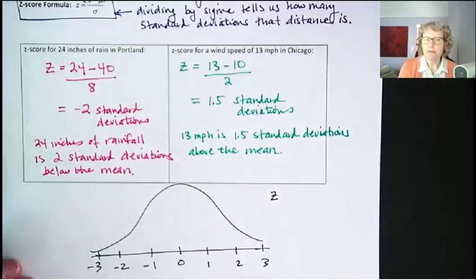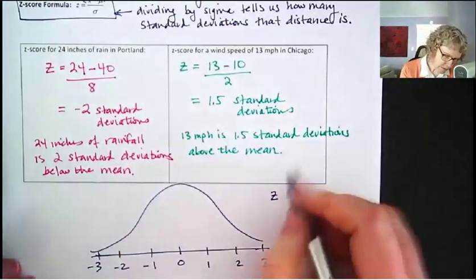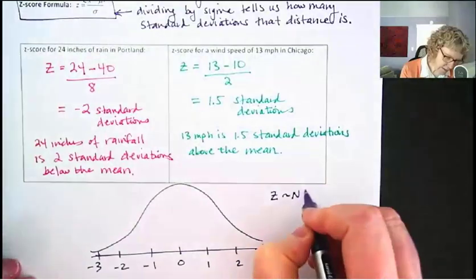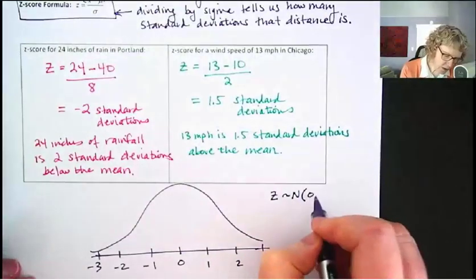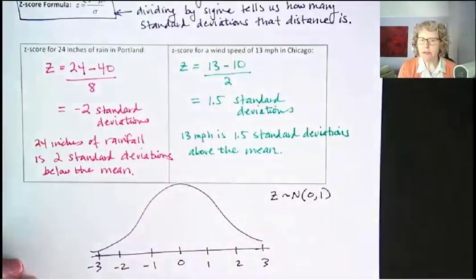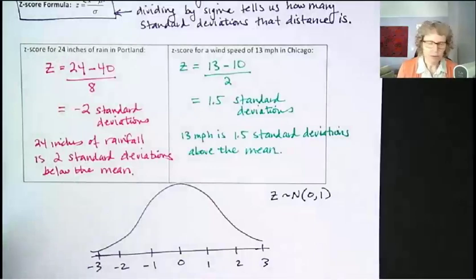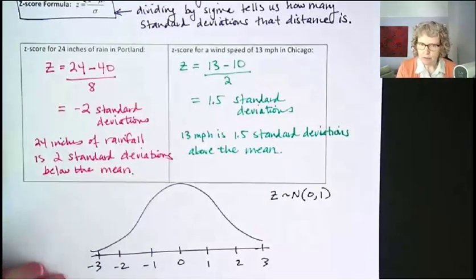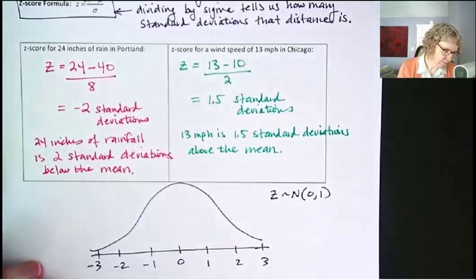We use X for any regular normal model, but the standard normal is denoted by Z. And that's always normal 0, 1. So the mean is always 0, the standard deviation is 1. You may have noticed when you go into GeoGebra that's the default. I think it is also for Online Statbook, it's the default, and that's because it's used pretty commonly with z-scores.